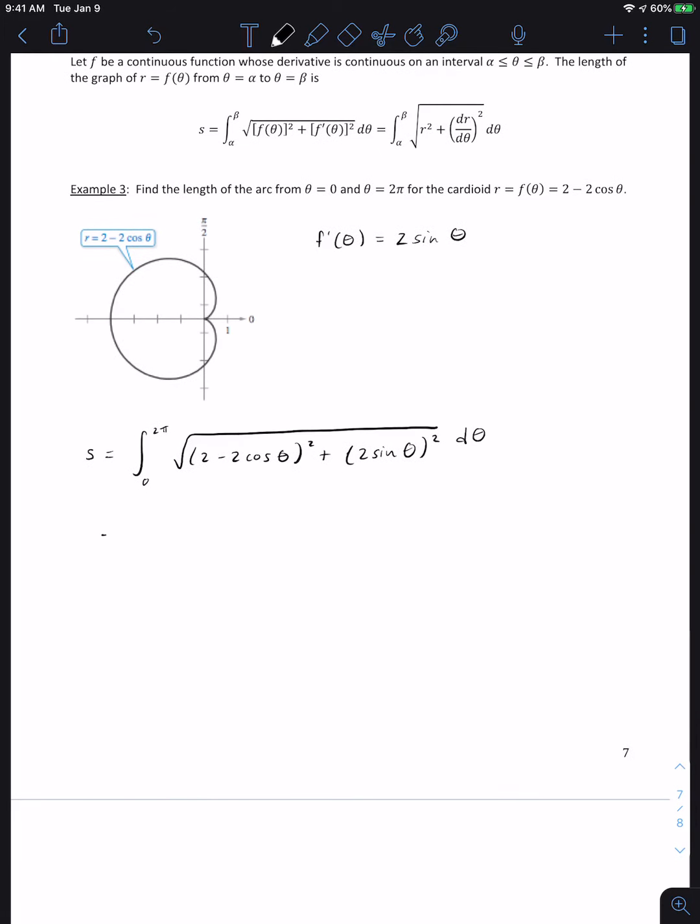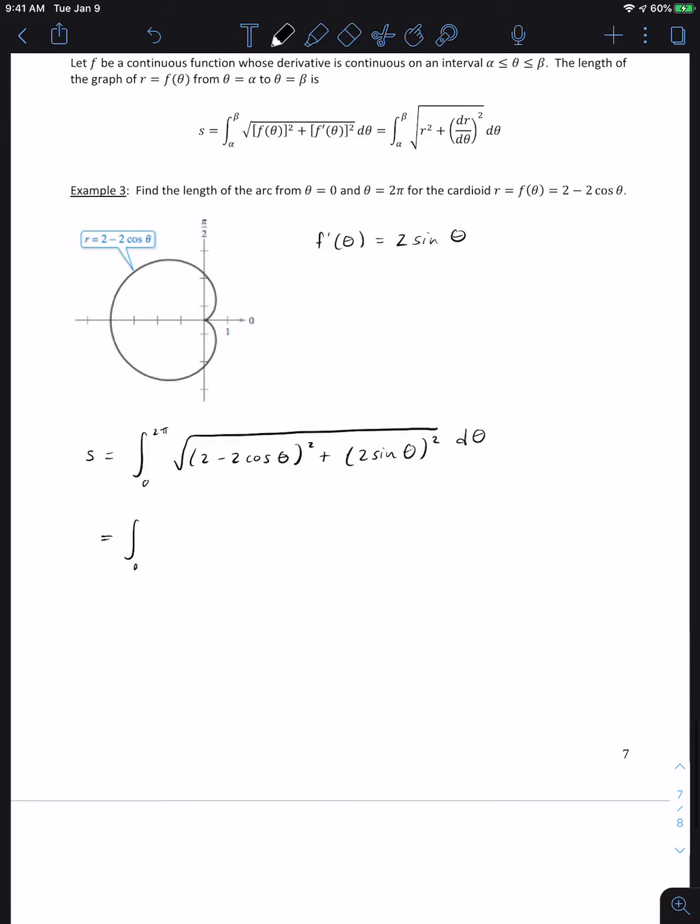In order to solve this, we're obviously going to have to do some algebra. So 0 to 2 pi. Let's square this out. I get 4 minus 8 cosine of theta plus 4 cosine squared theta plus 4 sine squared theta when I multiply all that out, d theta.